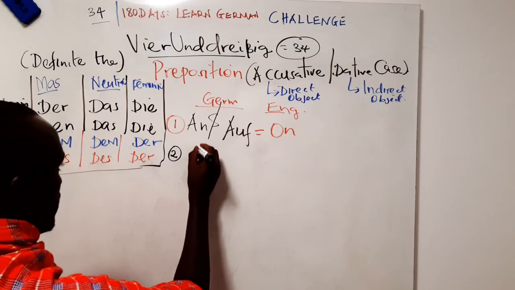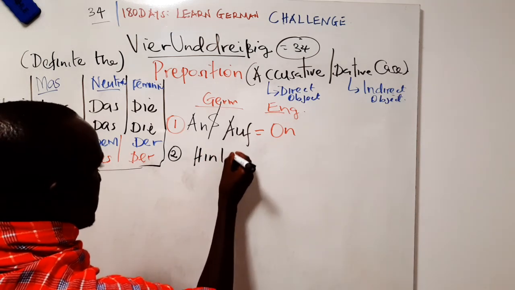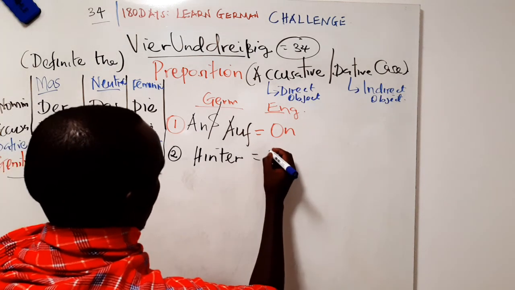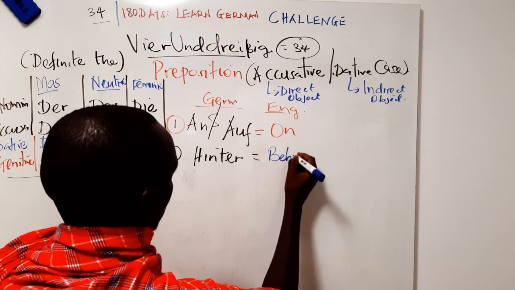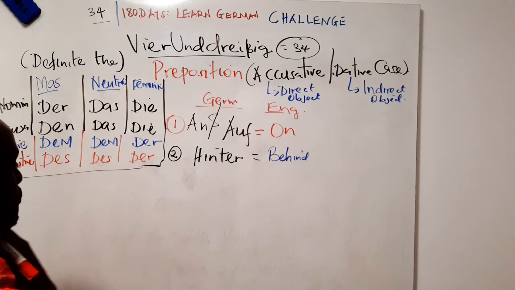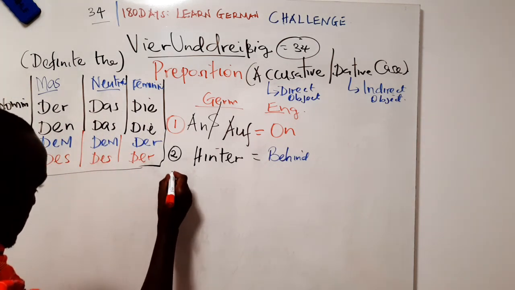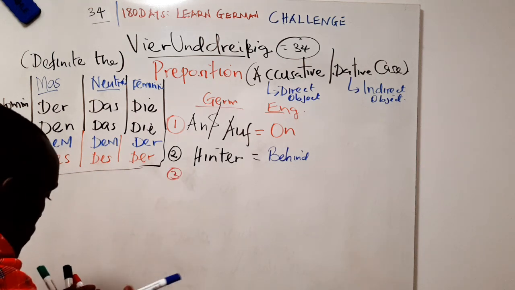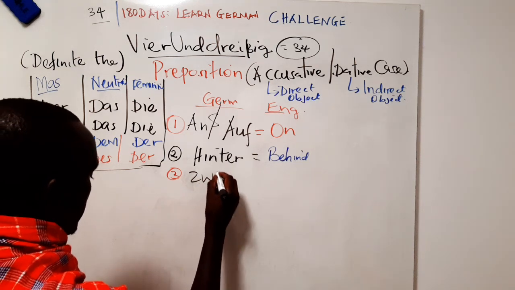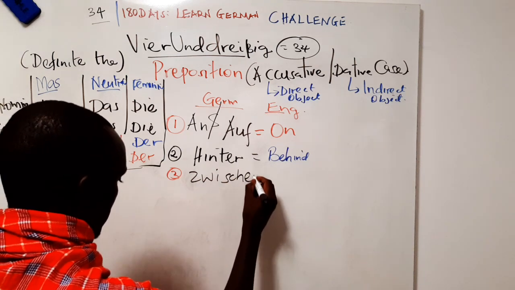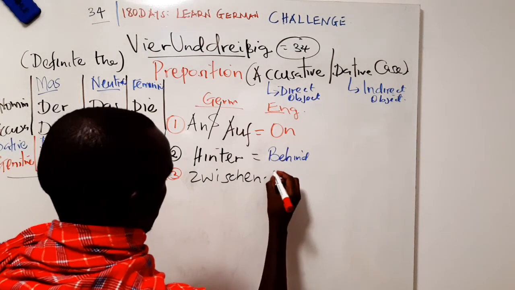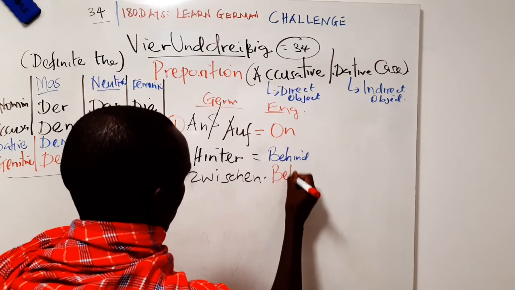Number 2, we have hinter, which is behind. Number 3, we have zwischen, which is between.